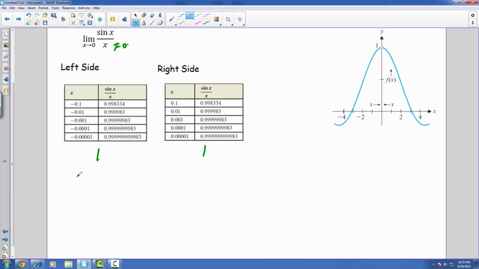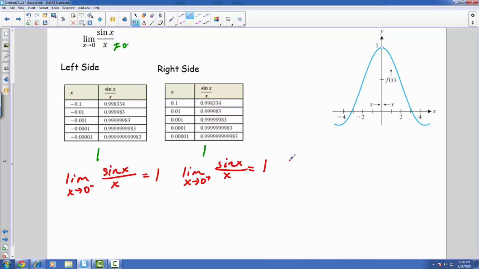And so how we show this is we have the limit as x approaches 0 from the left of the sine of x over x is equal to 1, coming from this first part, the left side. The limit as x approaches 0 from the right of sine of x over x is equal to 1.